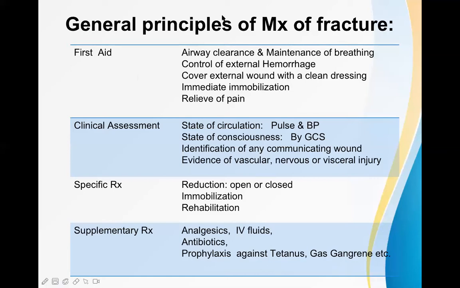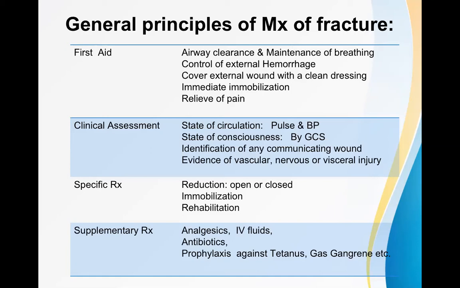So, airway clearance and maintenance of breathing is not needed in all types of fracture. For example, there is a Colles fracture. Why should you maintain the airway? Only that bone is fractured, nothing else. Patient doesn't have any other injury. So this type of discussion is not necessary there.